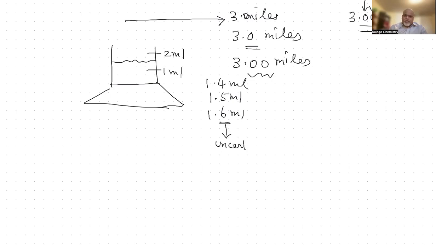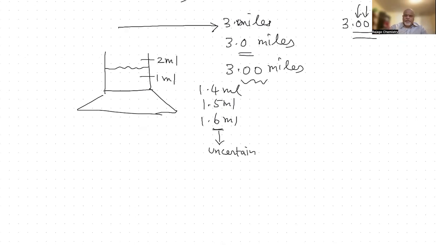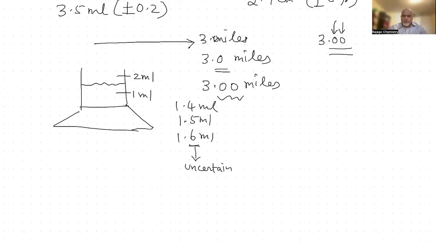But let's look at another flask, so I am going to draw like this. It starts at 1 ml and goes to 2 ml, and then there is a line that says 1.5 ml.